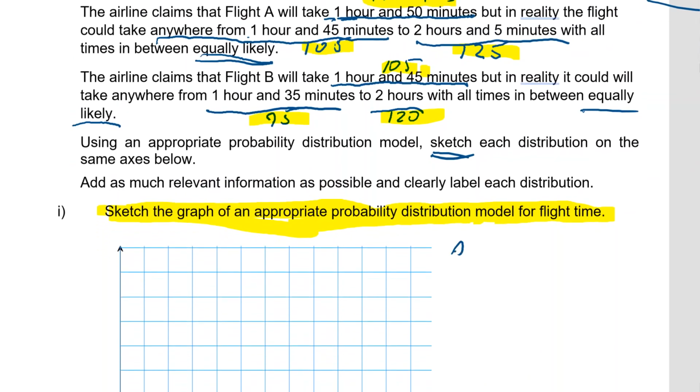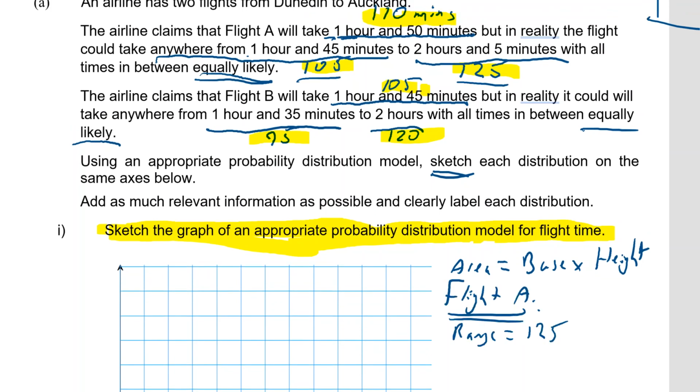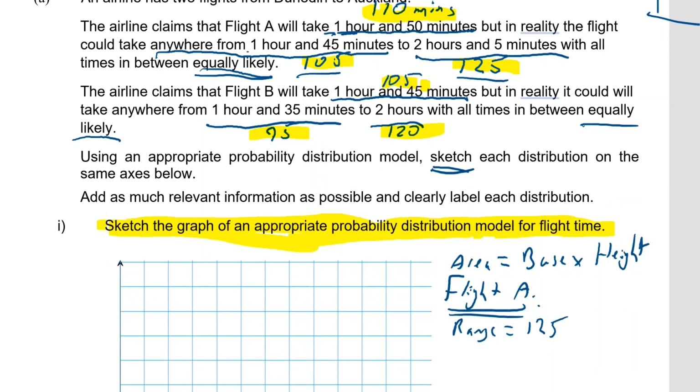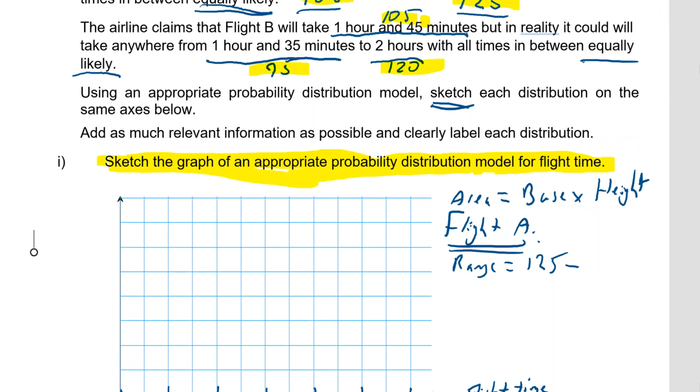Well, we know the area is base times height, and if we start with flight A, because flight A is going to have its own distribution, as is flight B. Flight A has a base of what? Flight A's flight time ranges from 105 minutes through to 125 minutes. So that's a range of 20 minutes, isn't it?